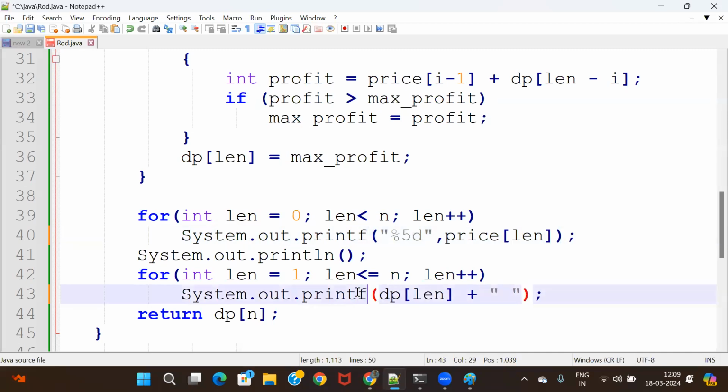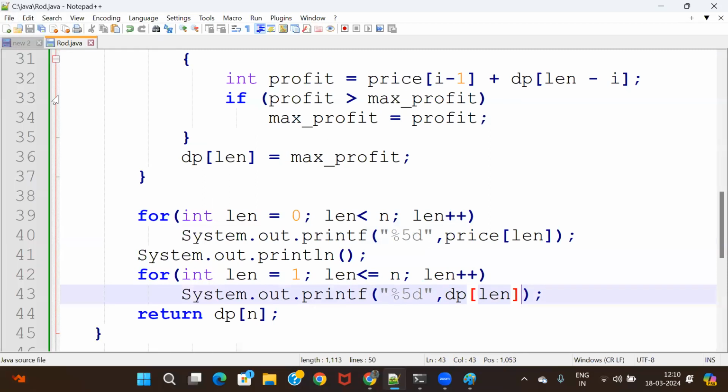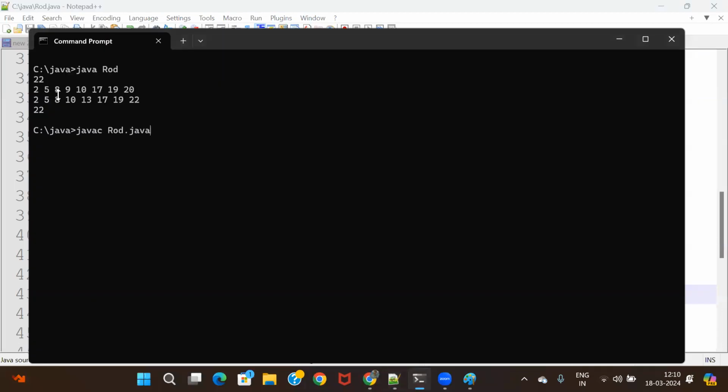Use printf statement. Use 5 positions to print it. Then you get a beautiful solution. Formatted solution. Right?